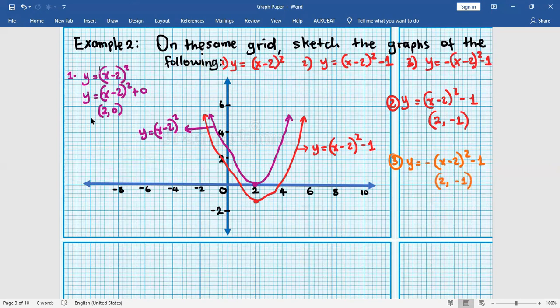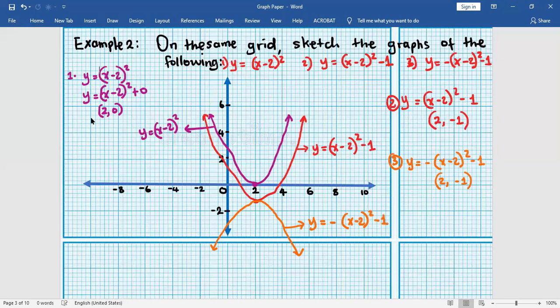Now (2, minus 1) is this one. So now it will be downward opening, something like this. So this is y equals minus (x minus 2) squared minus 1.